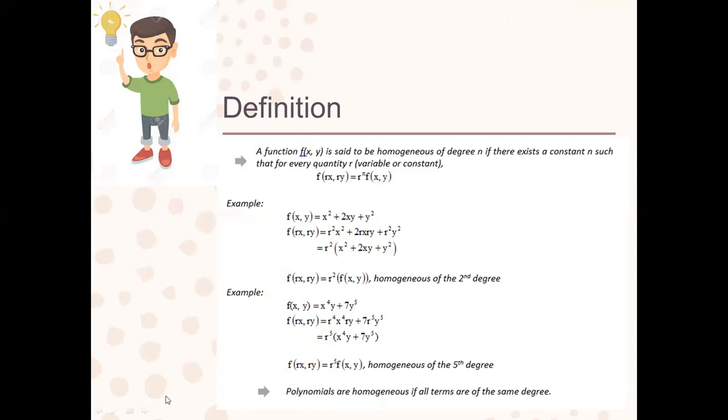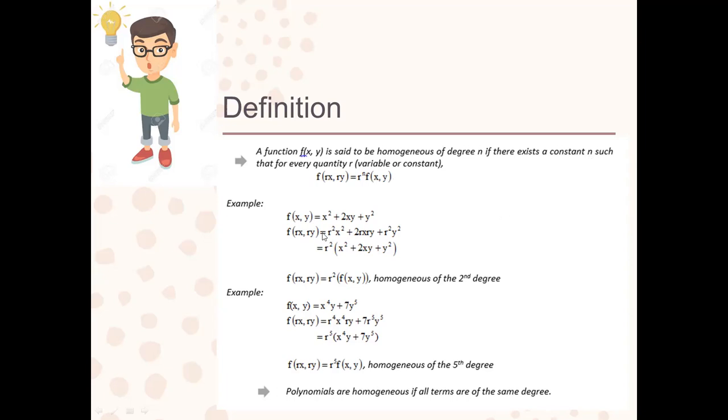If it is of degree n, then there exists a constant n, a positive whole number, such that for every quantity r, which could be a variable or a constant, if we replace the variables x and y by rx and ry, the original function is maintained, and you have simply factored out r raised to a particular exponent, which is this constant n.